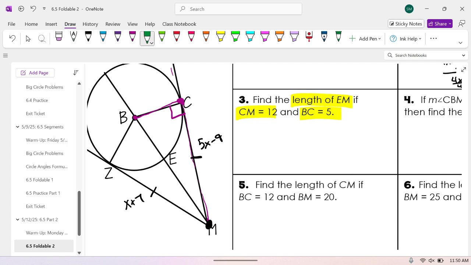Now they're saying CM is equal to 12. These questions do not connect. We're just using the same diagram. So I'm going to label this as 12 and BC as 5. And they want us to find EM. And by EM, I mean right here. So that green segment, that's what they want us to find.